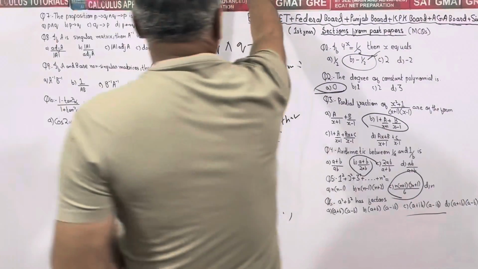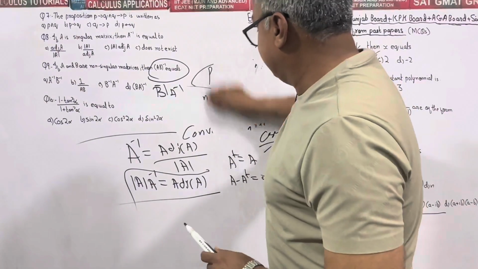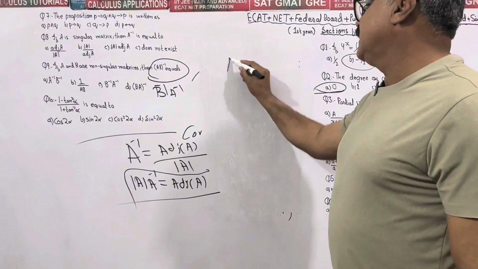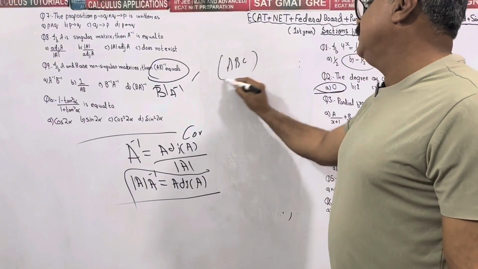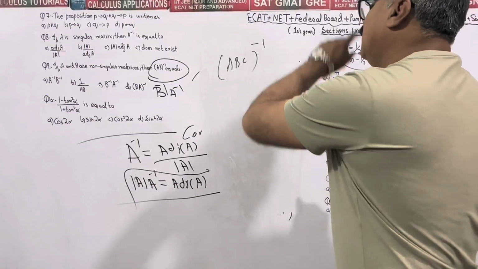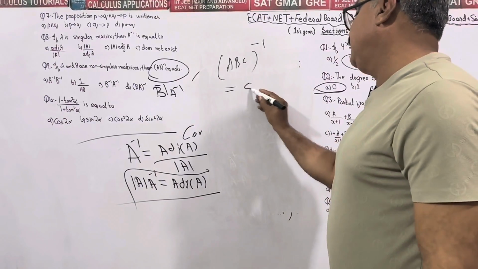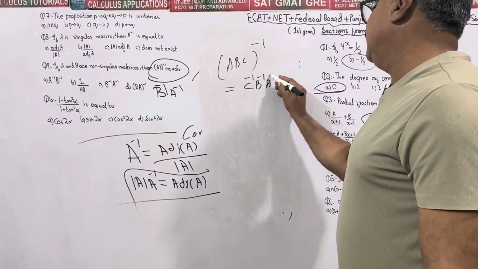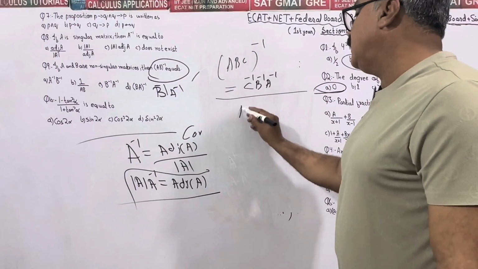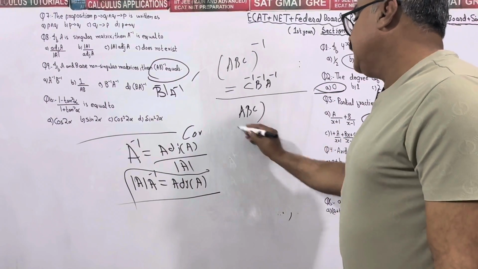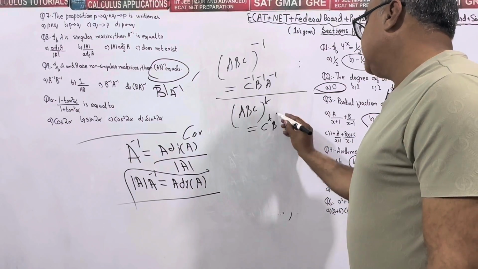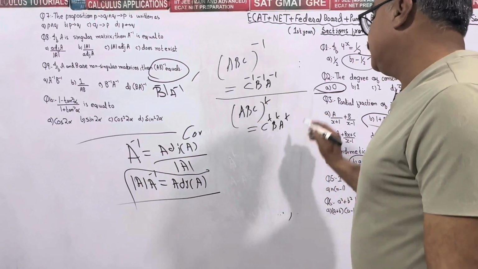Let me explain this as well. If the inverses of A, B, C are possible, then the inverse of A, B, C whole can be simplified as C inverse, B inverse, A inverse. The same is true for the transpose of matrices. A, B, C whole transpose is equal to C transpose, B transpose, A transpose.